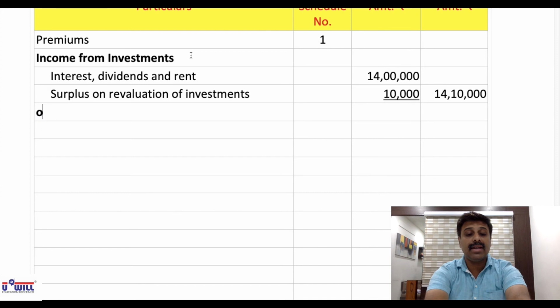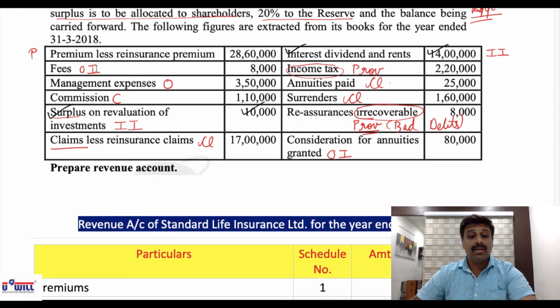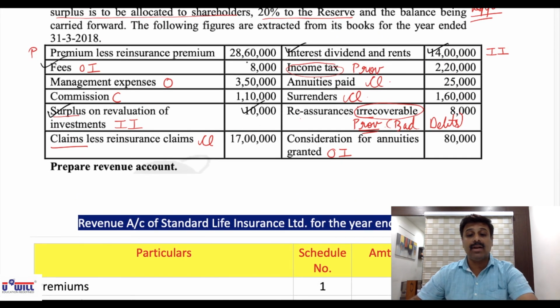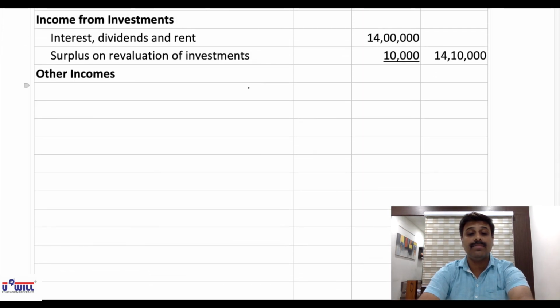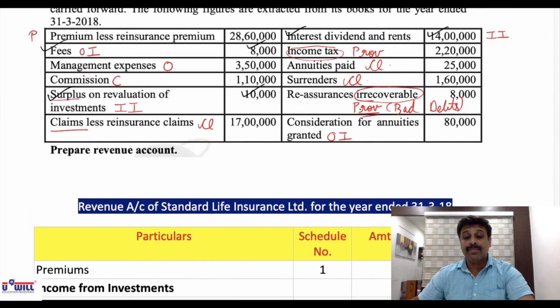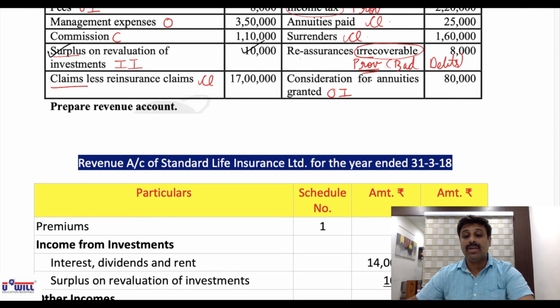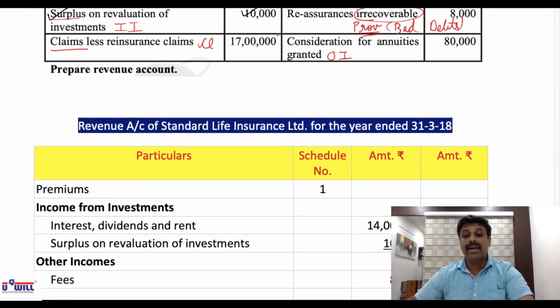Then we have other incomes. All the items marked as OI. In that we have fees of 8,000. So all of you write fees 8,000 in inner column. Then after fees we have this consideration for annuities granted of 80,000.